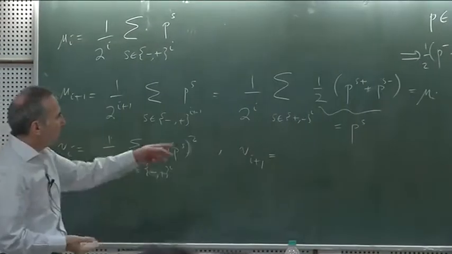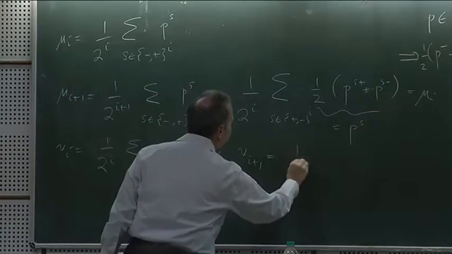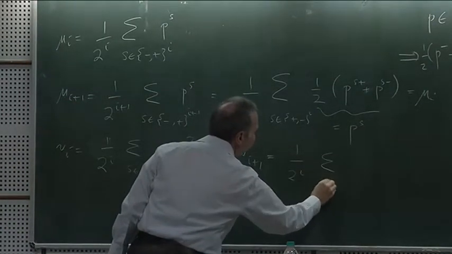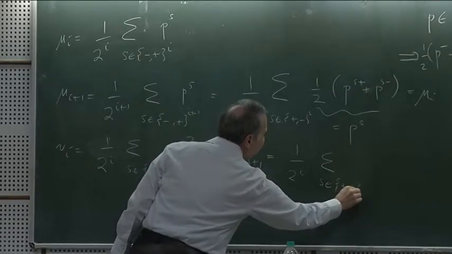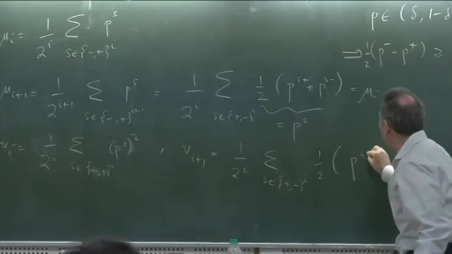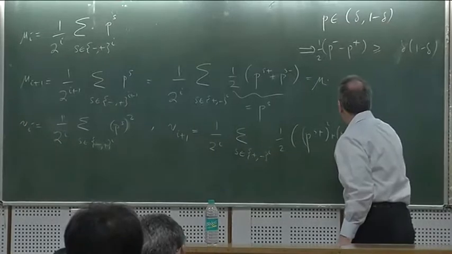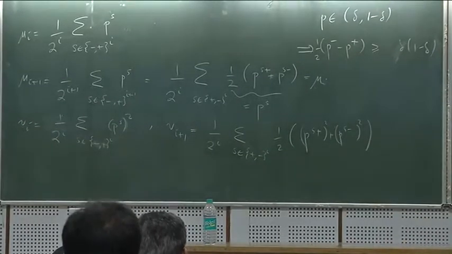Nu i plus 1 is the following. By the same trick here, this nu i plus 1 is 2 to the i, plus minus, to the i, half ps plus squared plus ps minus squared. So this is fine.